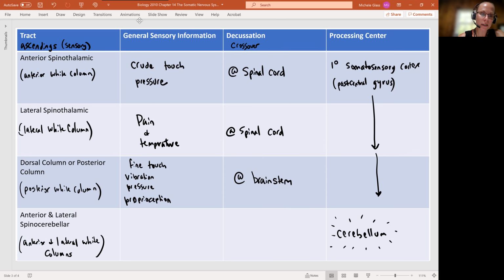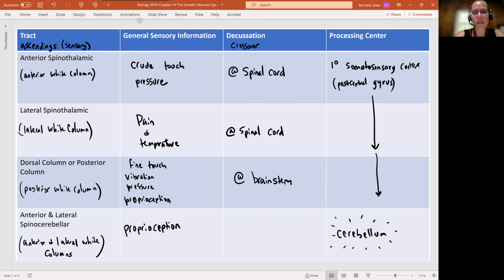When we're talking about this sensory pathway, I think here what we should focus in on is proprioception. And this is an easy one for me to remember because, again, proprioception is talking about the position of the body in space. And so if the cerebellum is going to give us these graceful movements, it has to know how our body is positioned in space, right?